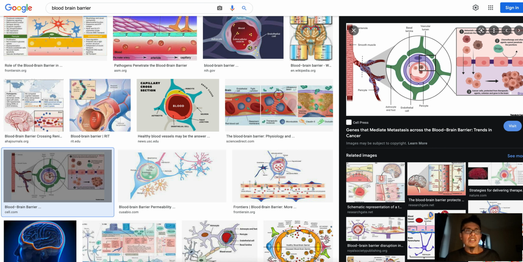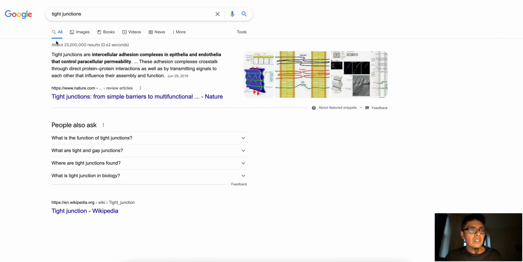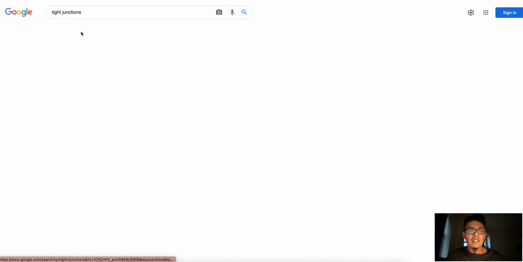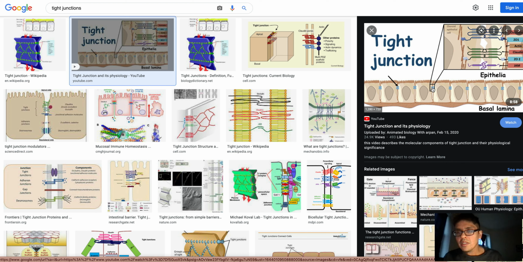And if you look at tight junctions, they're these things that are in between the endothelial cells, right? And they have a ton of different factors that go into stimulating their creation and stimulating their dissolution. It's quite complicated, as most things are in biochemistry.